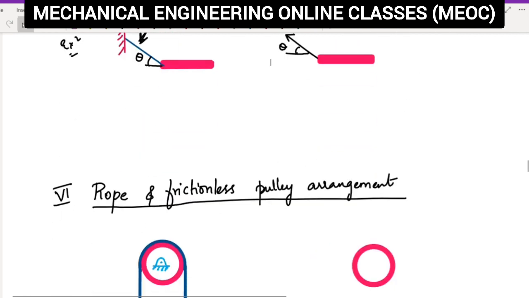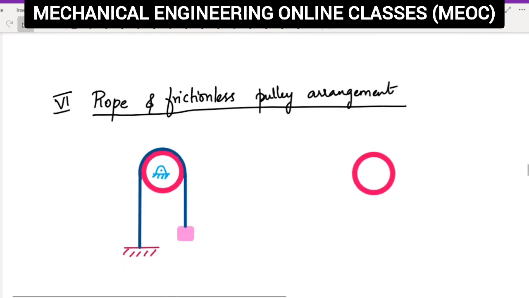Then let us see how to find the reactions for a rope and frictionless pulley arrangement. Suppose there is a weight W that is hung from this particular arrangement, where one point is fixed to a horizontal. This pink one is a frictionless pulley.